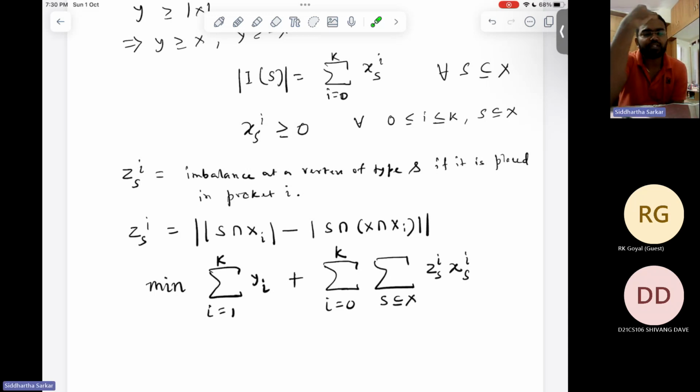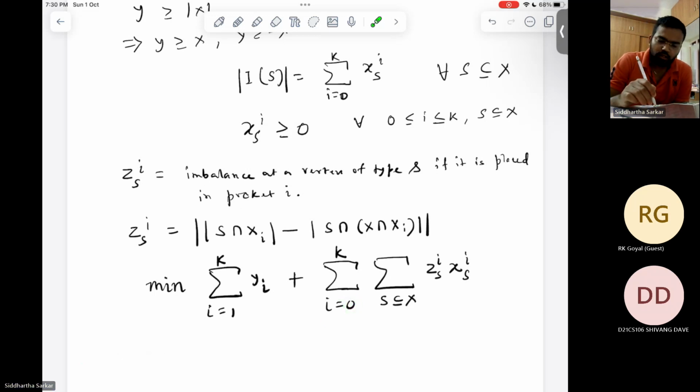The vertices in the independent set have gone to some pocket or the other. There are k plus 1 pockets. After the labeling, every vertex in the independent set has gone to some pocket. So fix a pocket, let us say the 0th pocket, the leftmost pocket. i is equal to 0.